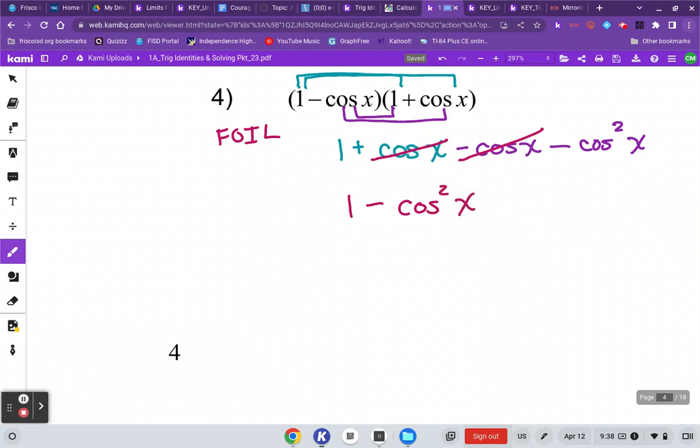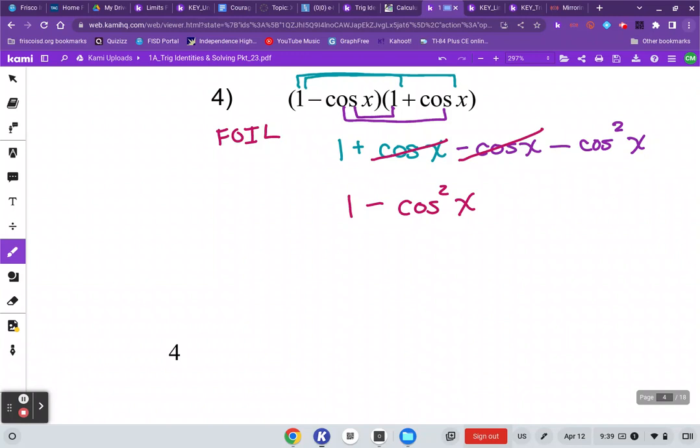And I want you to remind yourself when you see 1 plus or minus a trig function, almost all of the time you're going to use one of those 3 Pythagorean identities. So we have to figure out what 1 minus cosine squared is. Good.